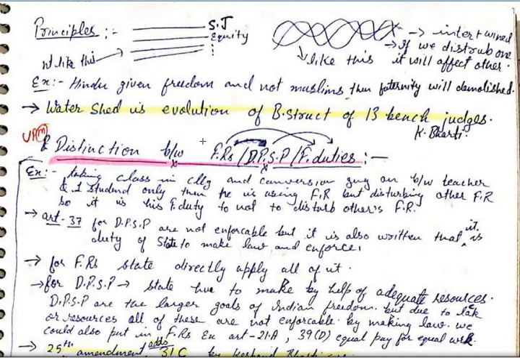There are fundamental rights guaranteed. Now will those larger goals be attained, or will you be able to enjoy those fundamental rights, until certain basic duties are fulfilled by all of us?